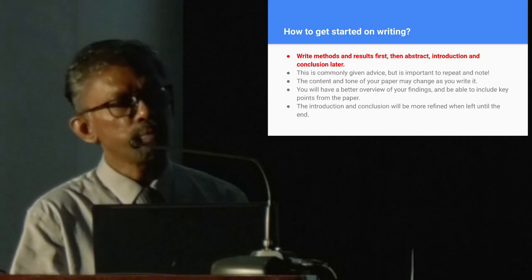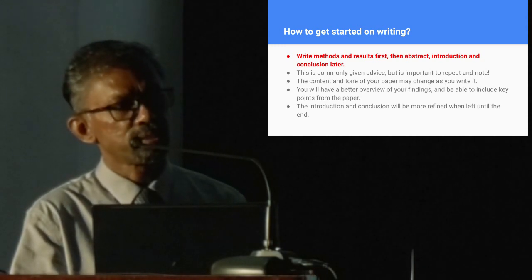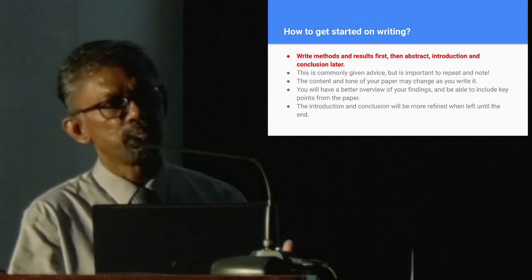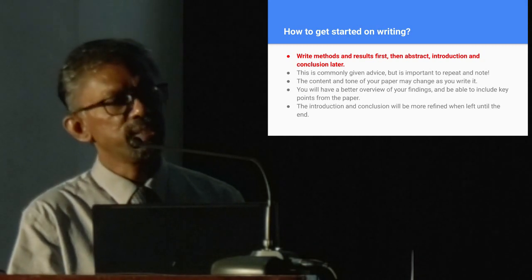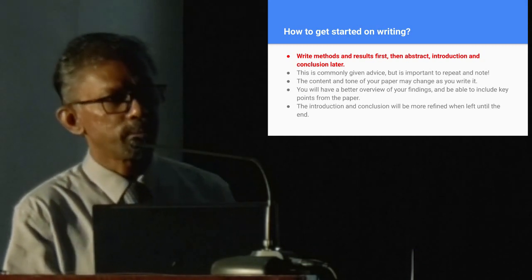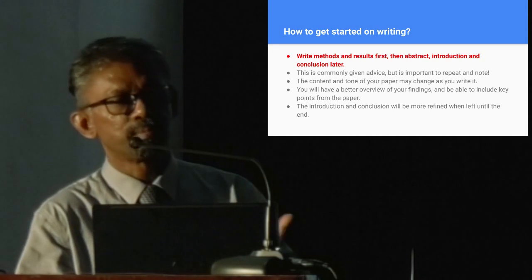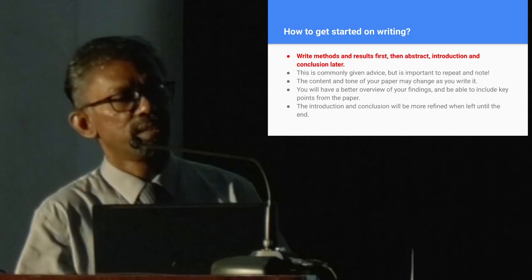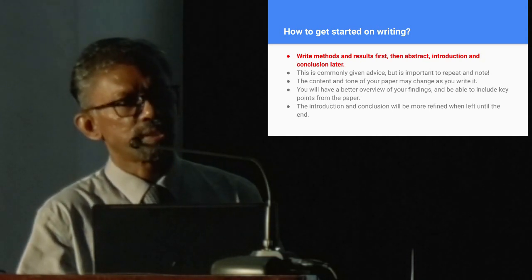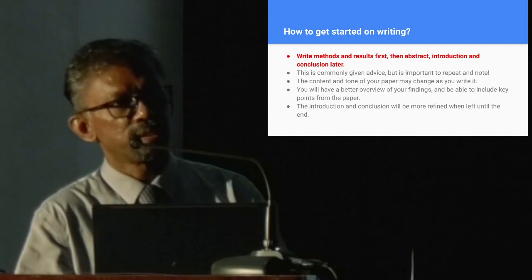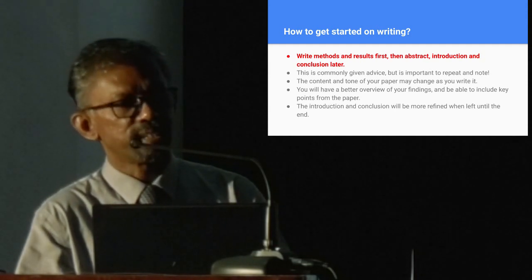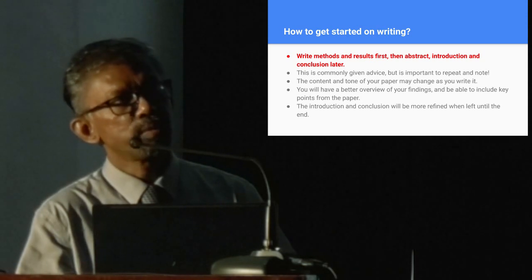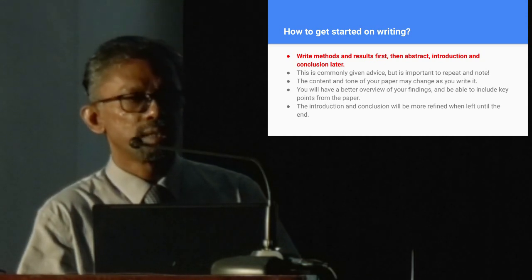For example, some conferences require that at the very outset you give your results. The first section is the contributions of this paper. So that's how they wish to have the paper structured. And the related work is at the very end. So I have seen this in the area of cryptography.